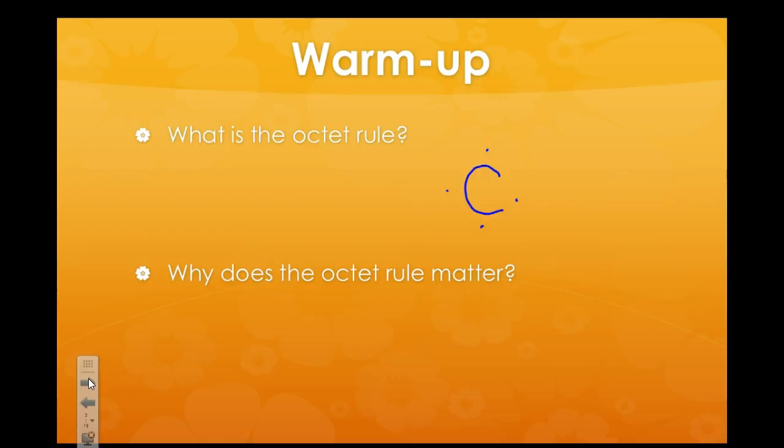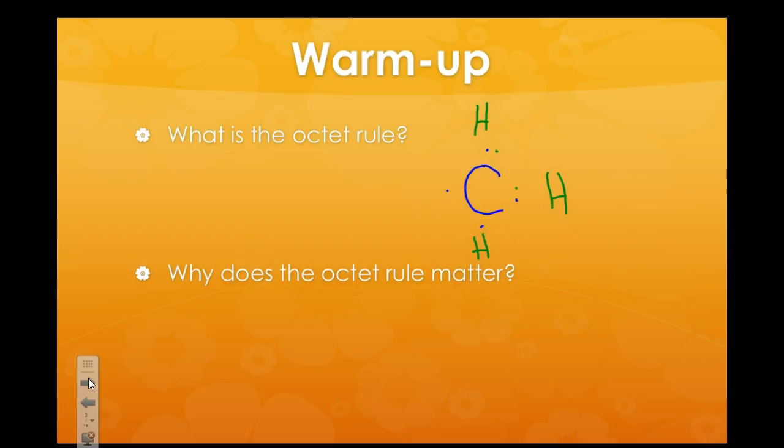So if I have this structure for carbon, and there is only 1 carbon, and the rest is hydrogen, how am I going to figure out how many hydrogen I need to combine with that? 8 subtract 4. Okay. So each hydrogen can share 1 electron.